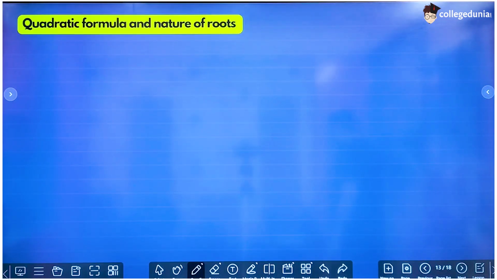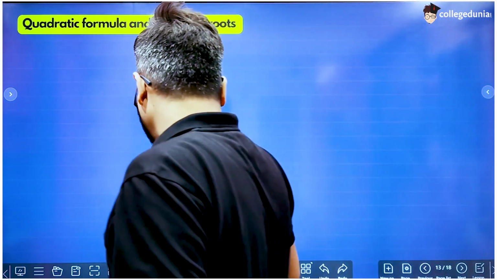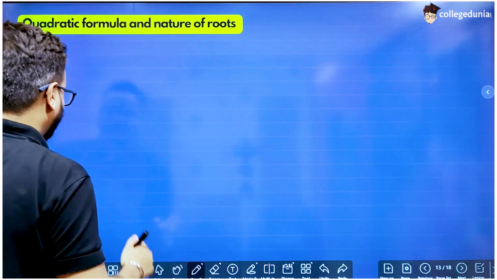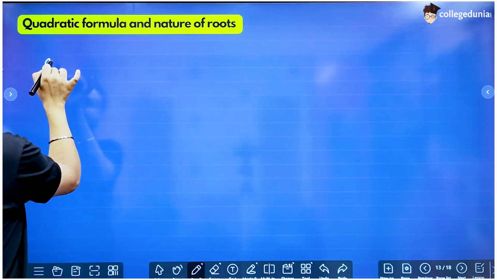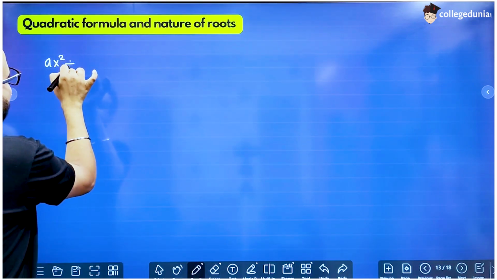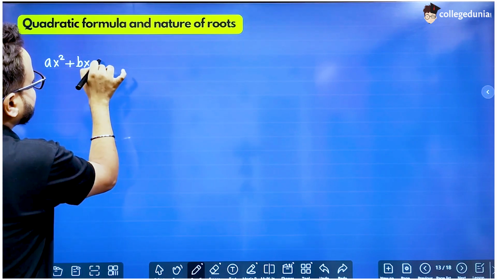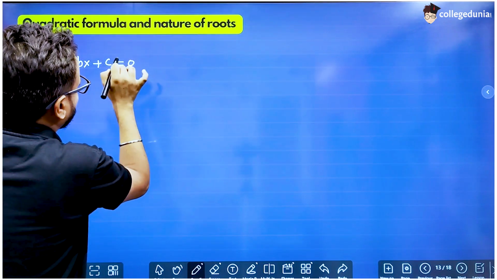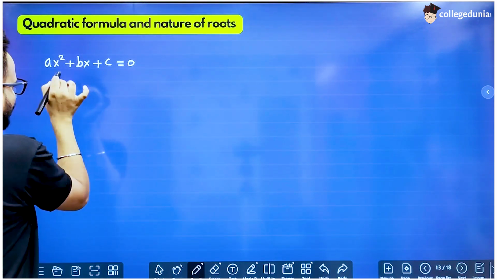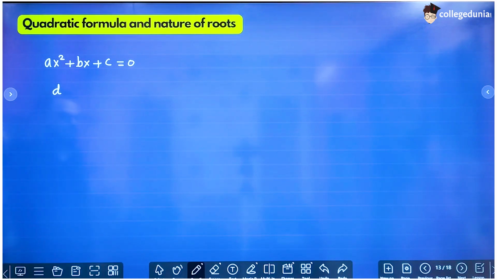Next, now this is the second method to solve quadratic equations, and that is called the quadratic formula. Now suppose the quadratic equation is ax square plus bx plus c equal to 0. Now you have to find another variable which is called the discriminant.